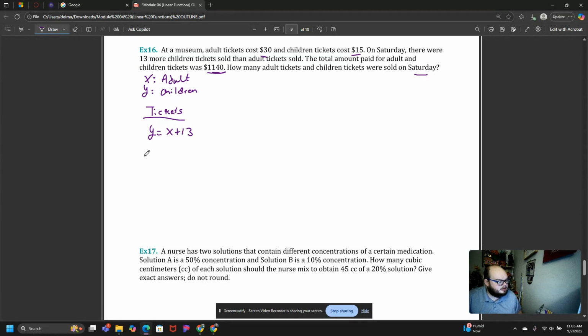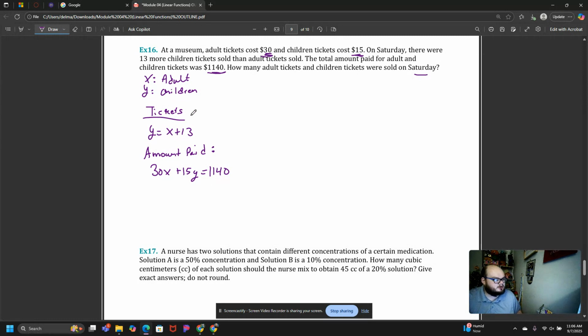Then I can do the amount paid. We know it's $30 per adult ticket, $15 per children's ticket, and in total $1,140 was taken.